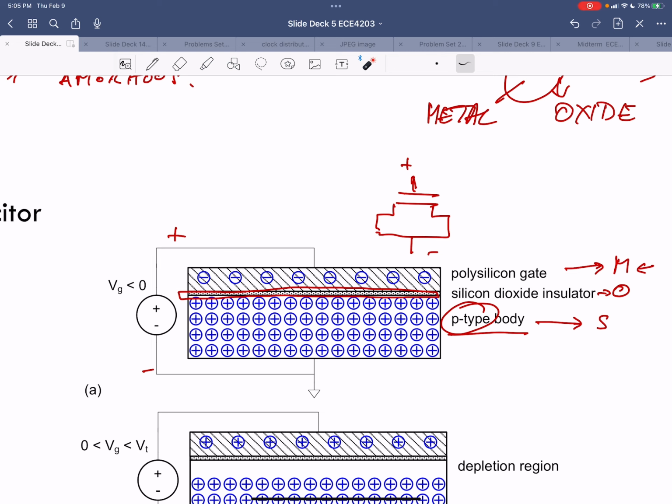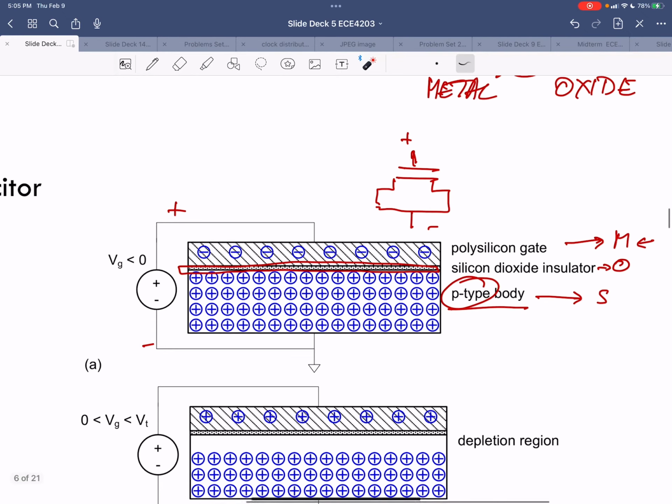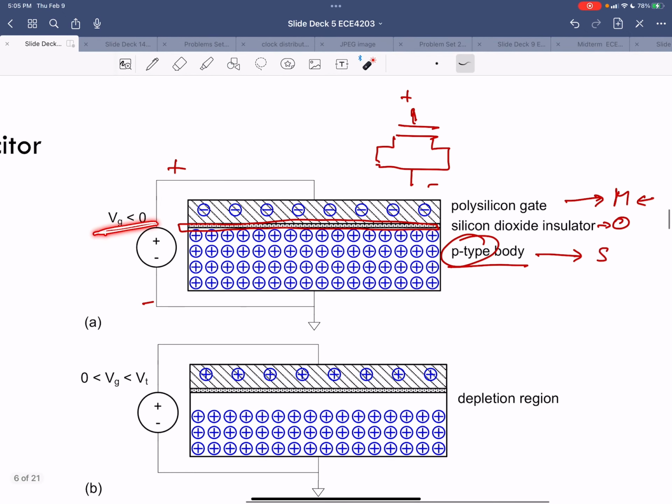In the case of a negative voltage on the gate, what I'm doing is dumping negative charges on this gate, on this side of the capacitor, and these negative charges are attracting these positive charges to them.